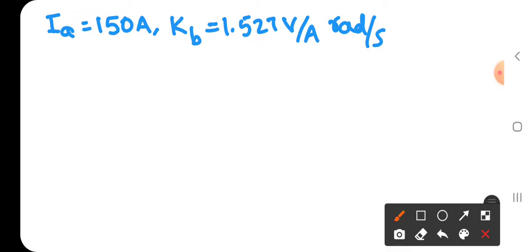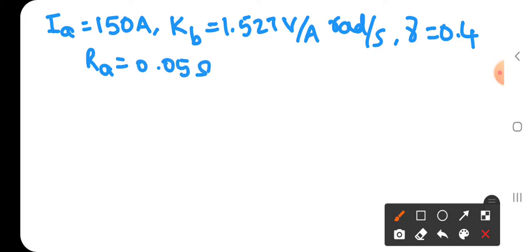Next, the duty ratio gamma is equal to 0.4. The armature resistance is 0.05 ohms, which we can also take as the motor resistance.